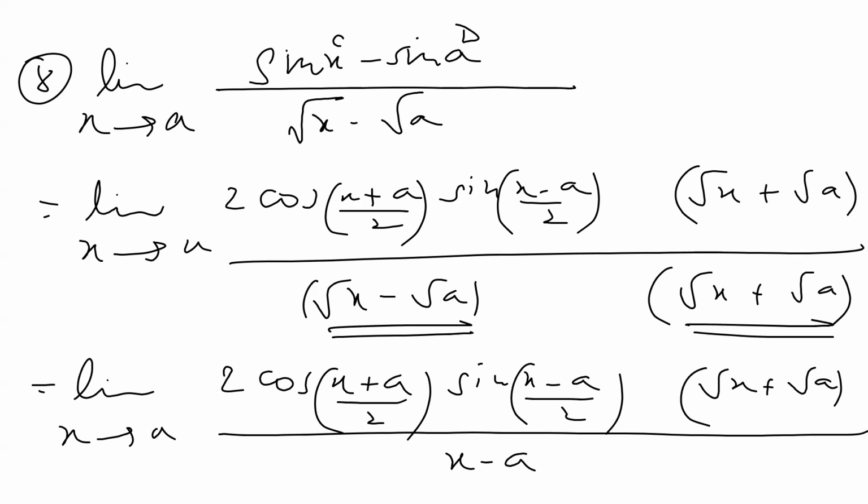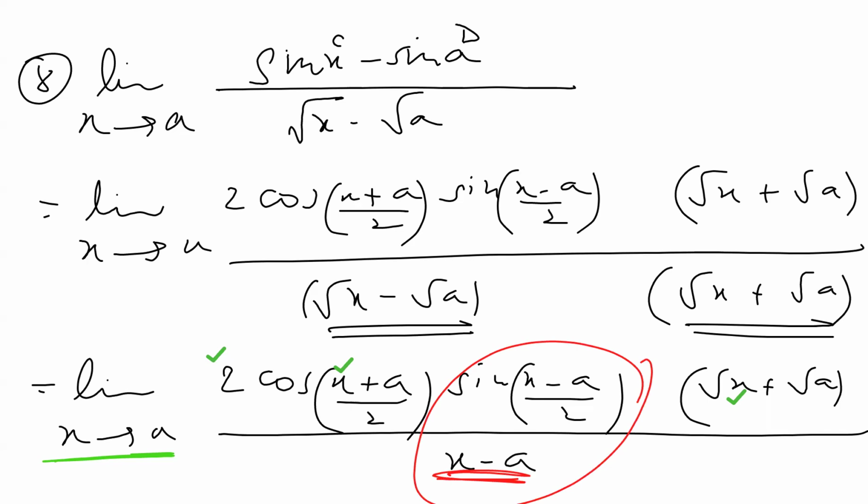Now see, I just realized that changing the limits is not really required. We did not write x is equal to a plus h because look at the terms now. 2 does not have any problem. If you put x as a over here, cos((a plus a)/2), that is cos a, not a problem. The problem is only with this term x minus a.